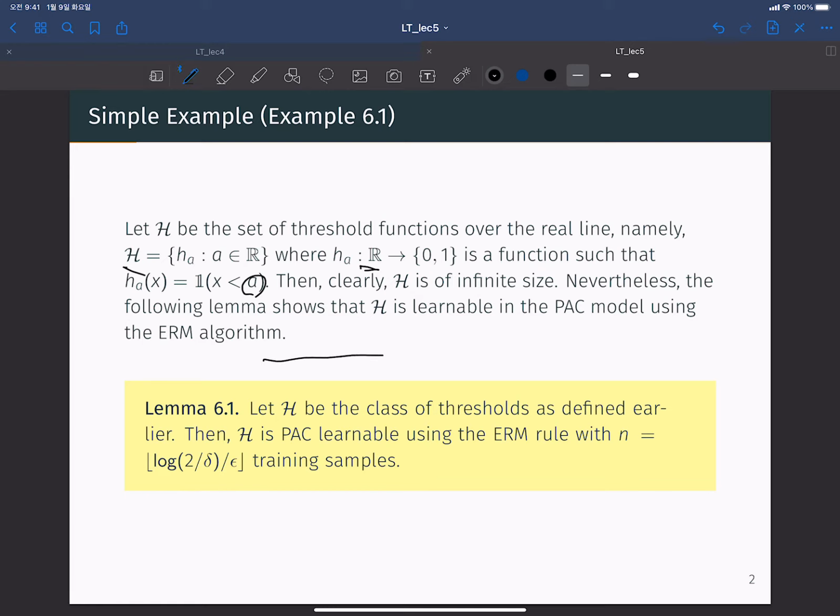When you have this real line, you pick the threshold a, and one area has value 0, and the other area has value 1. Since a is also a real number, we can define infinitely many different hypotheses.